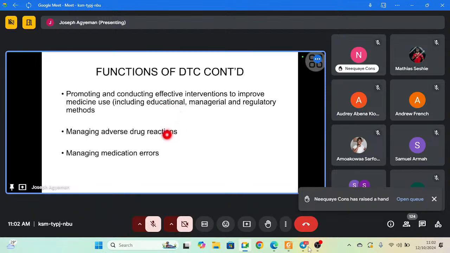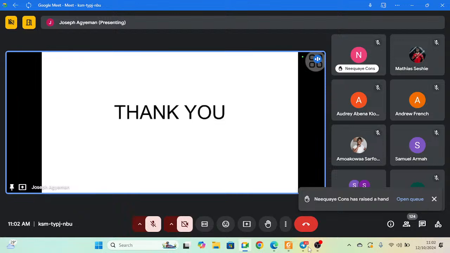When adverse drug reactions occur, they manage them. Medication errors, they manage them. Everything about DTC is drug-related issues. And considering this type of work that they do, it is obvious that when they do it well, it will contribute to rational use of medicines.